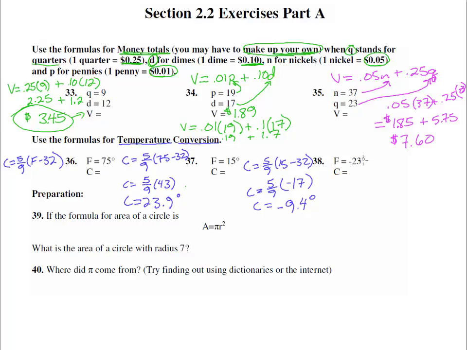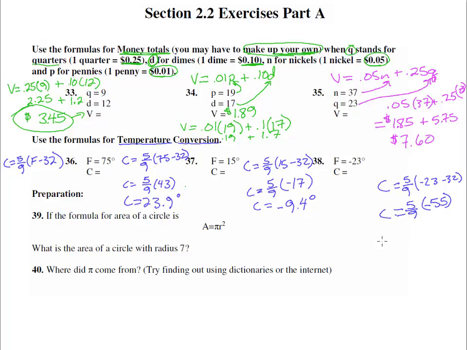Number 38. Now we will stick negative 23 into the formula. So we get C equals 5/9 times negative 23 minus 32. And what does that produce? This is negative and negative. That's a negative 55, which we'll be multiplying by the 5/9.